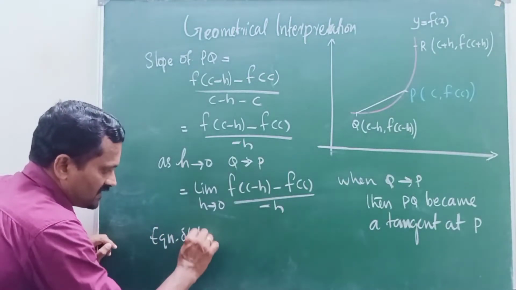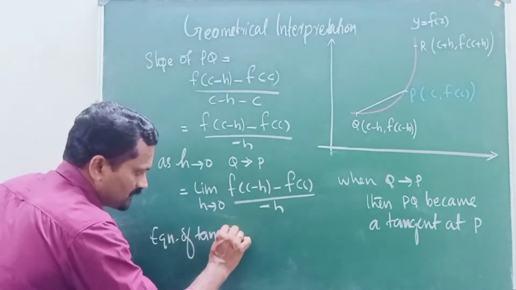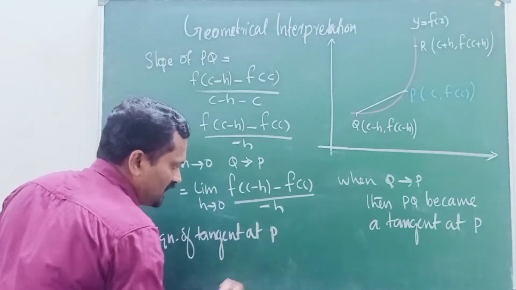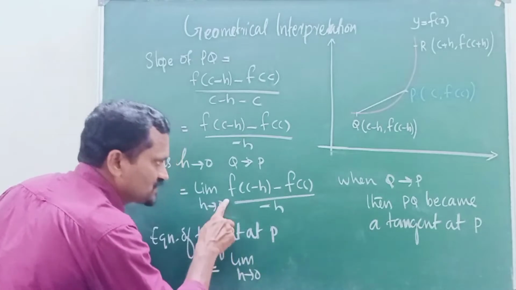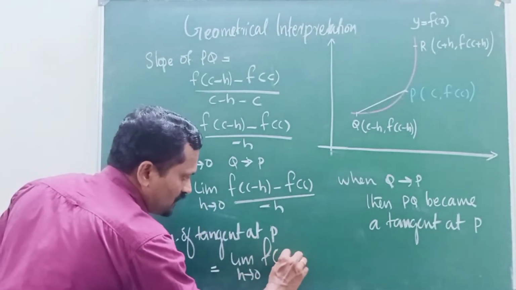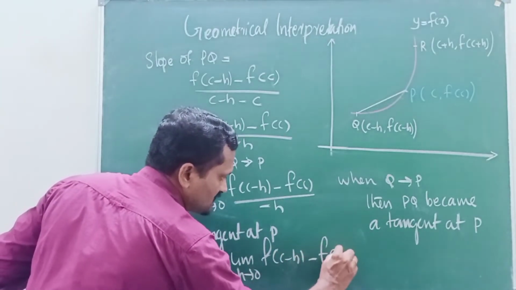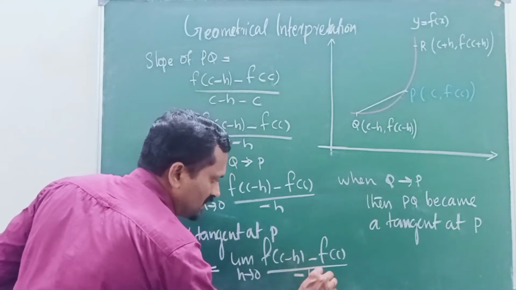Then the slope of the tangent at P can be written as the limit as h tends to 0 of (f(c minus h) minus f(c)) divided by minus h.